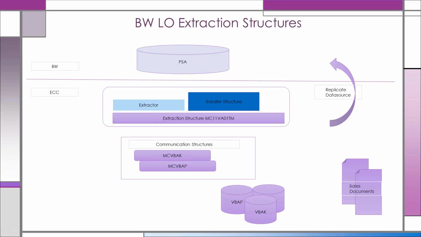So when we do the practice, we will know exactly what is going on here. I'm just explaining the process of loading data from ECC into BW. I want you to clearly understand: a sales document is created and data is stored in the primary table. From there, it goes to the communication structure.